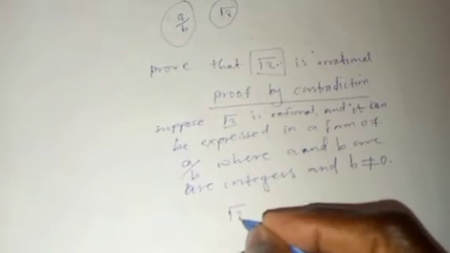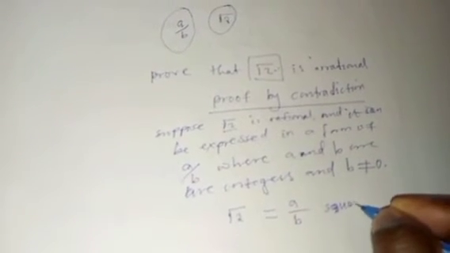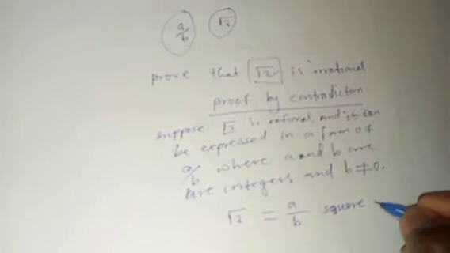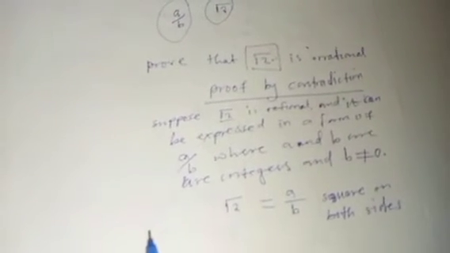Okay, so that is the first statement. So if this one can be expressed in this format, you say root of 2 has to be equal to a over b. Then you square on both sides.